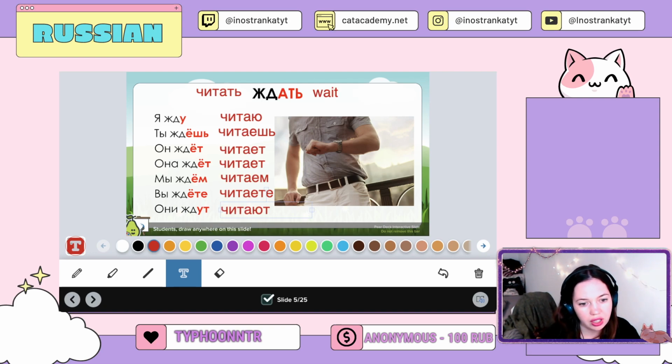If you just look at the endings, they are somewhat similar. For ты, он, она, мы, вы, it's the same endings. The only difference is that in some verbs we use е, in some we use ё, but the logic is the same. The only difference could be between я, I, and они, they.